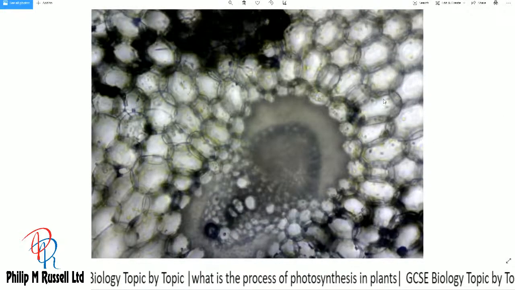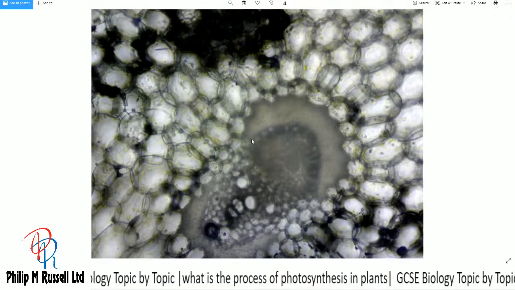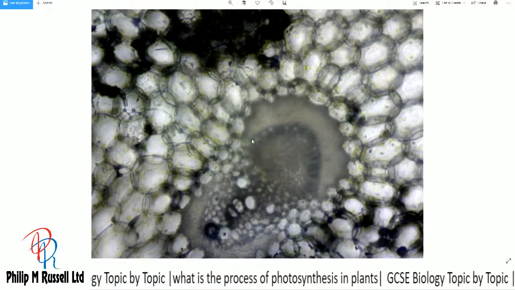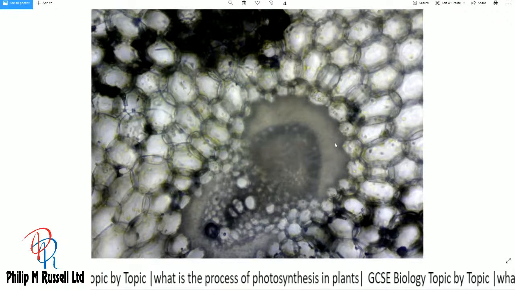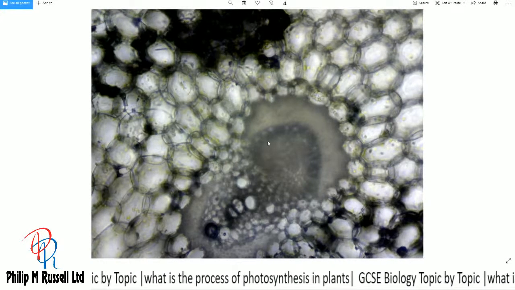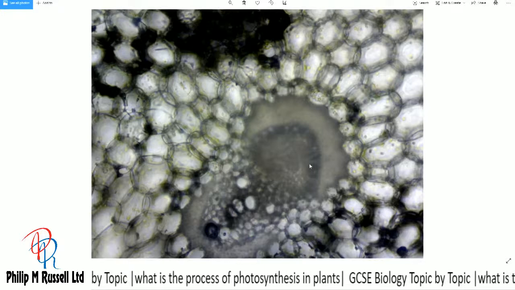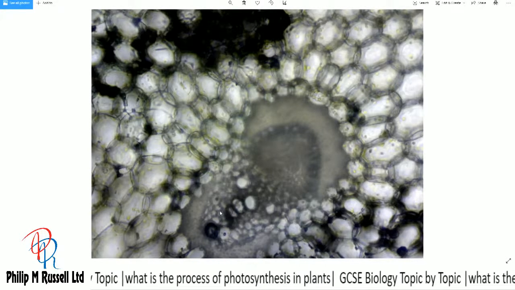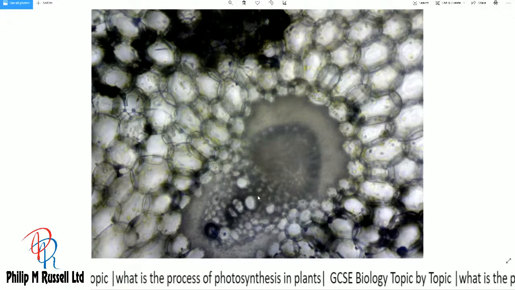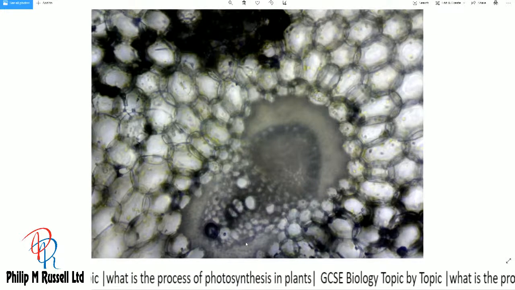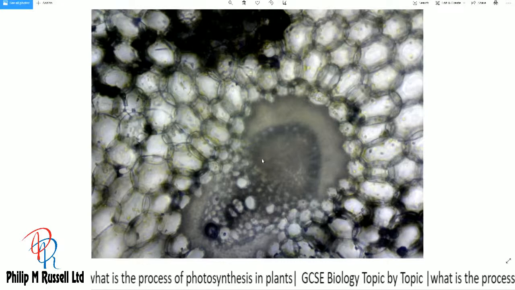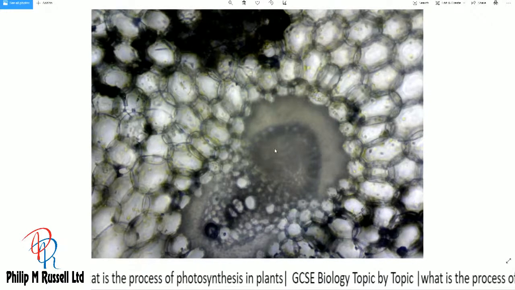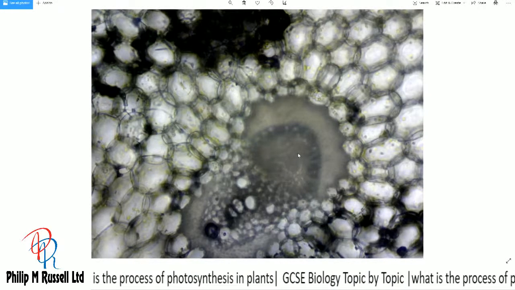This is a cut across a leaf of a piece of pineapple, and here we can see a vascular bundle. These are the phloem cells, these are the xylem cells. So the xylem cells bring water to the plant, and the phloem cells take the glucose away.